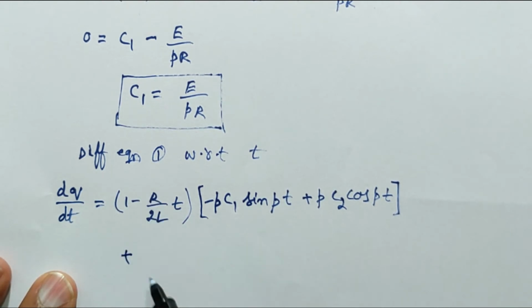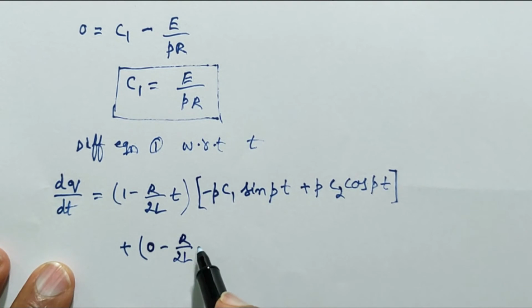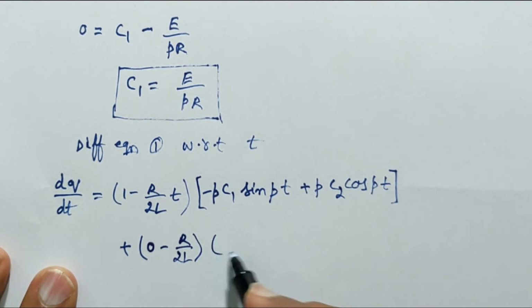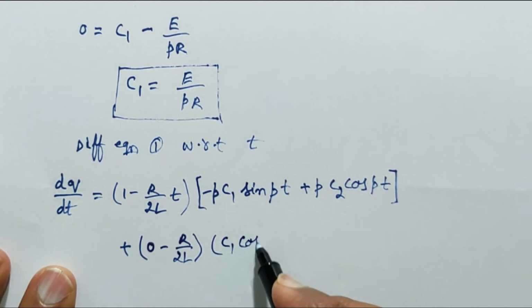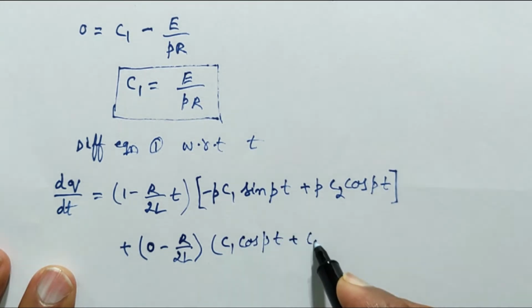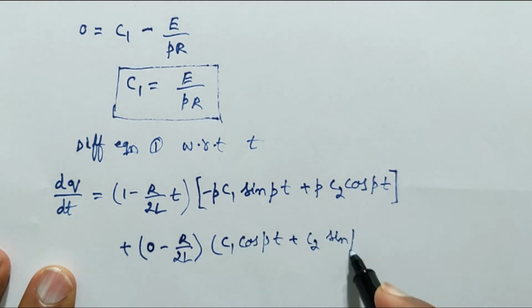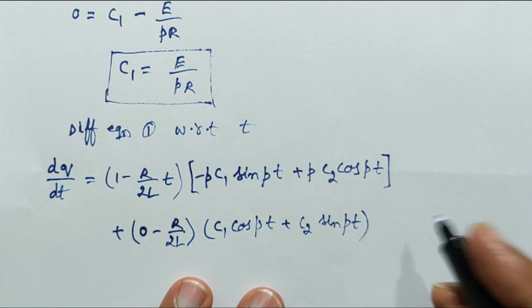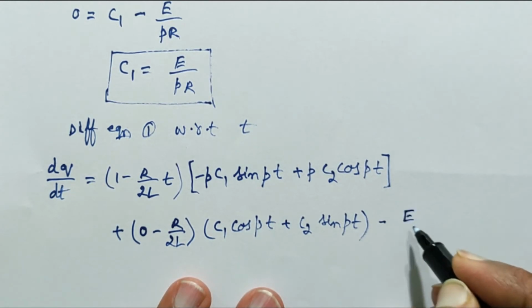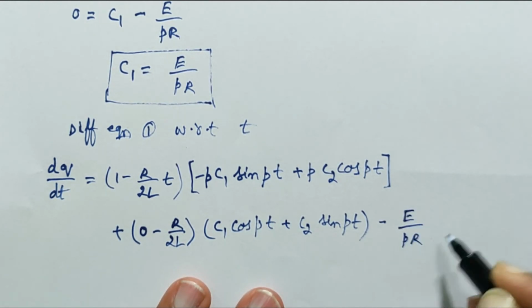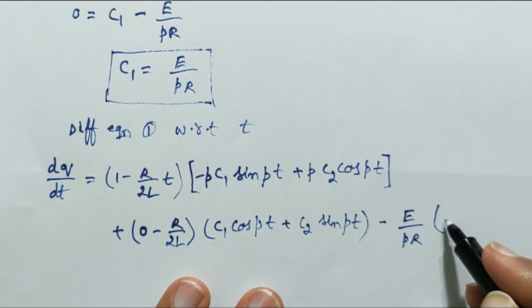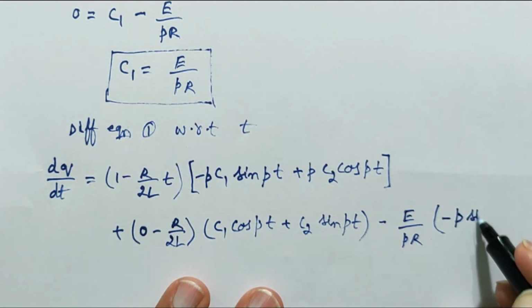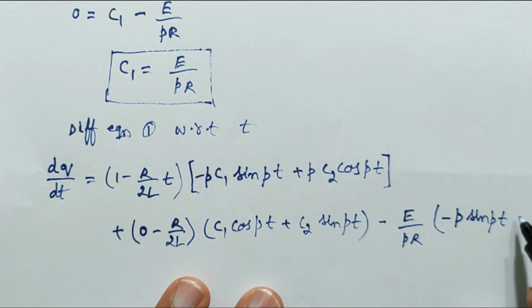Now let us differentiate that. Derivative of 1, the constant, will be 0, minus R by 2L into differentiation of T, which is 1, into the second term C1 cos of PT plus C2 sine of PT, which remains as it is. The next term is minus E by PR as it is. Differentiation of cos of PT will be minus P sine of PT.